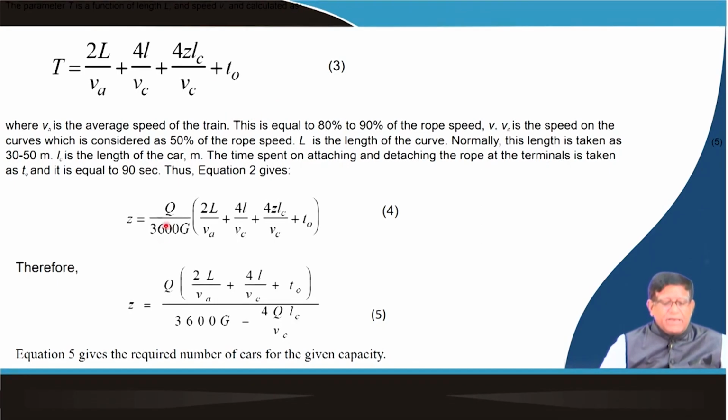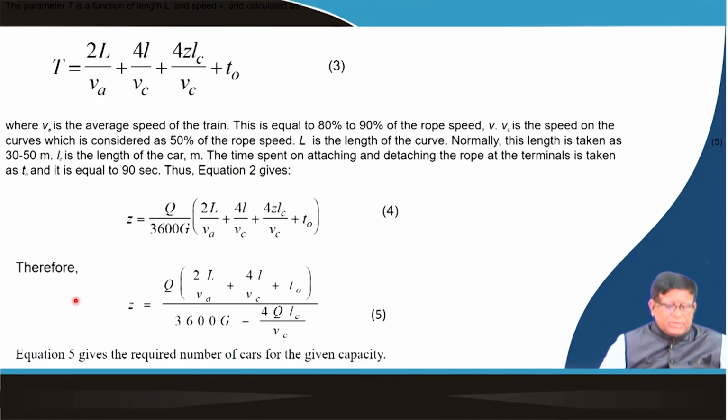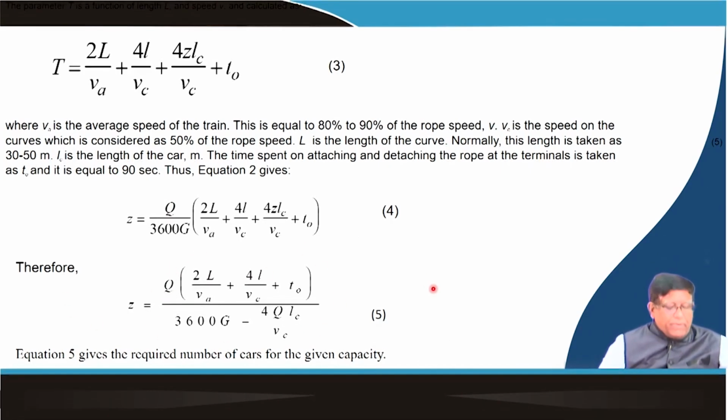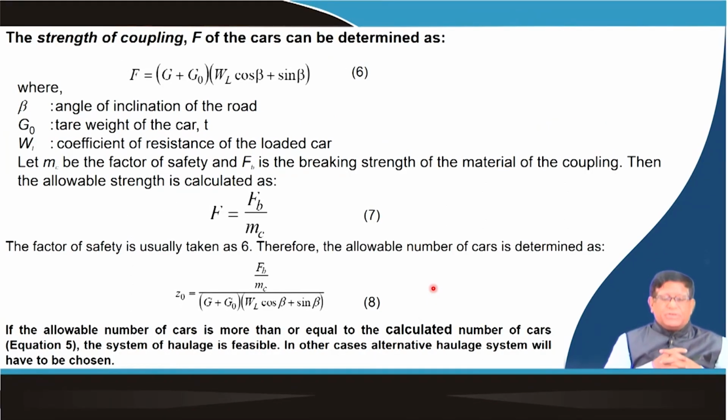So from here you can calculate this time, and then how many cars can be carried. Once you calculate this by using this equation, you can find out your particular system's capacity.